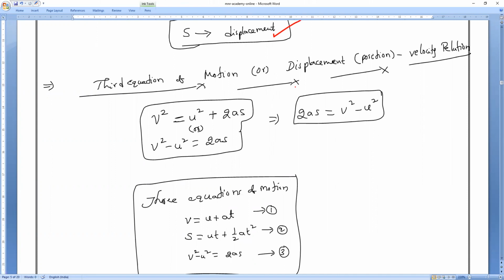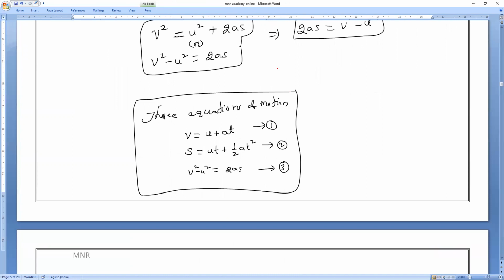Actually, these equations can be used only for constant acceleration, that is, uniformly accelerated motion. That is why S must be displacement, not distance.